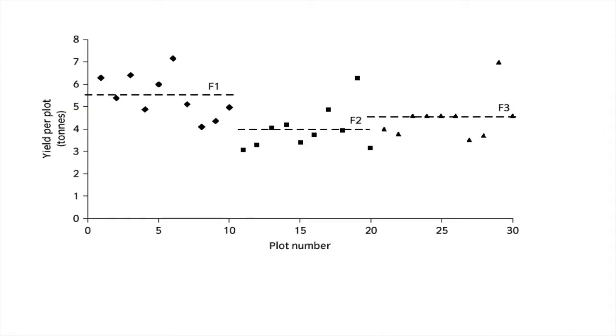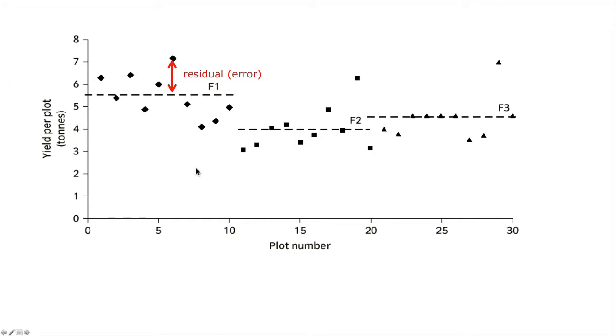Let's have a look at the meaning of this term error. Here is our data, and here are the sample means, which are our very best estimate that we have of the population means. Here is the error in this data here, sometimes called a residual. Of course, this is our very best estimate, but it may not be the true value of the population mean, but it's all we've got to go on.